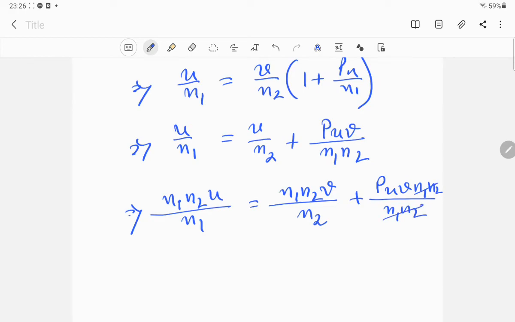So these two get cancelled. So it is u n2 equals n1 v plus puv.